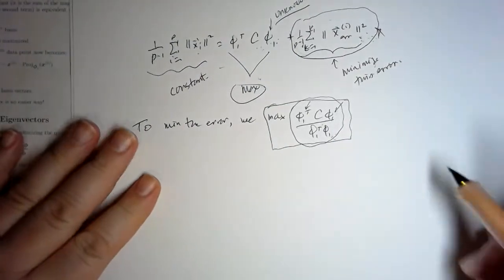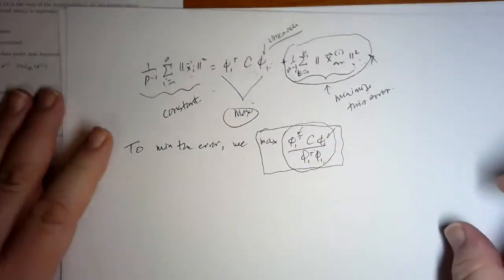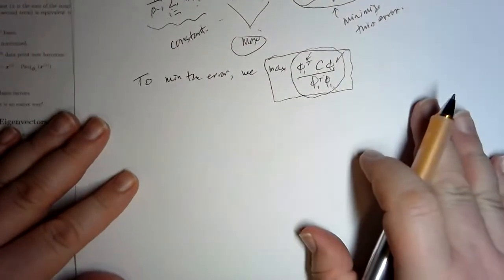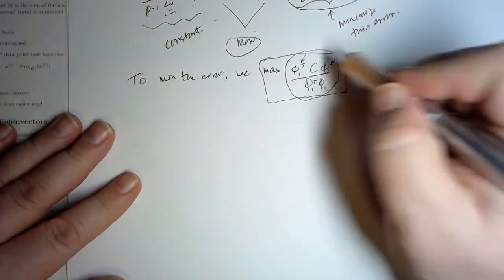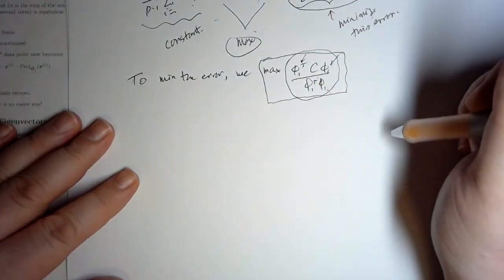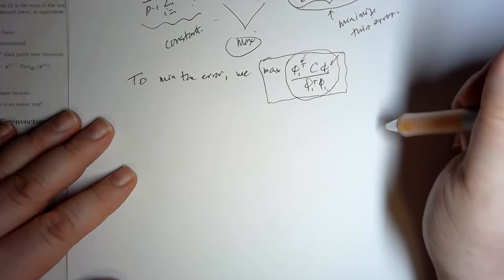Okay, and so now we're going to examine this for a bit. Good. And the easiest way to do that is to notice that C is a special matrix. It is the covariance matrix, which is symmetric.